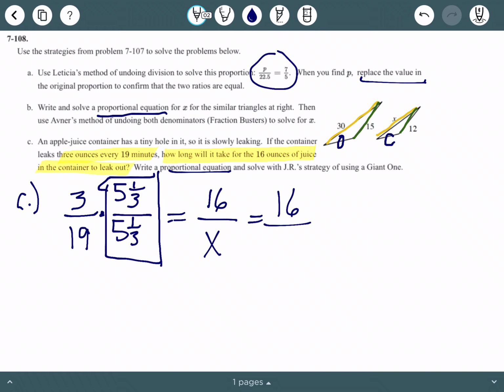Okay, so we know 16 is our top part. Now 5 1/3 times 19, let's see, that's going to give me approximately 101.3 repeating.